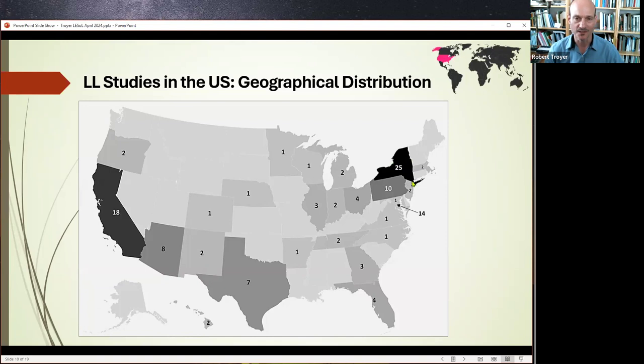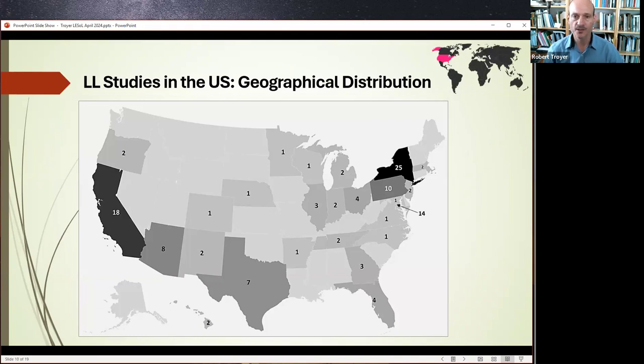So it really should just be one little black dot here where my arrow is. And then likewise in California, the vast majority of those studies are Los Angeles and San Francisco and Southern California. But what you can see is there's definitely a distribution.